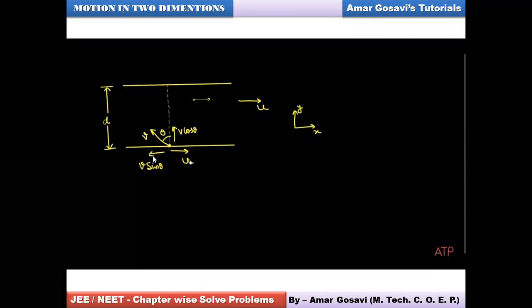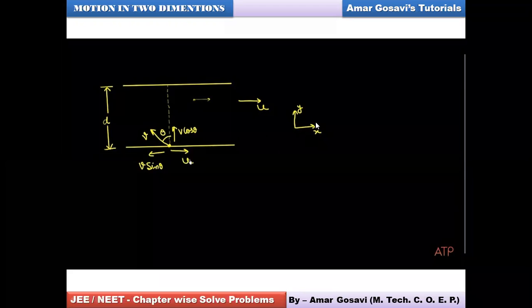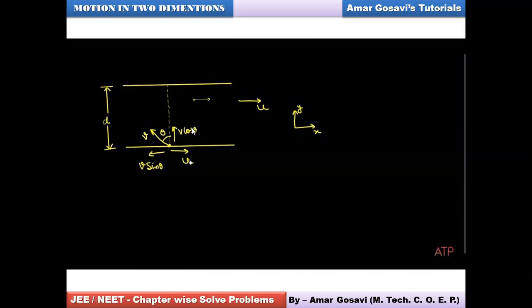So we have different speeds now. v sin theta is one component and u is another component along x. Along y, v cos theta is the component of the velocity of the swimmer which is effective. So this is the preliminary analysis. Now how we work it out further, I'll tell you. Just make a note of this quickly.